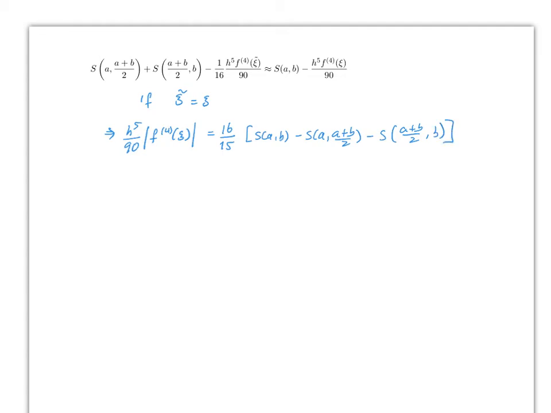Now, where does this 15 come from? It comes from the combination of these two, assuming that these are the same, so you should check. This is what you get.